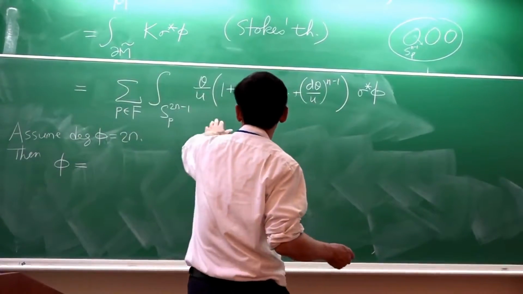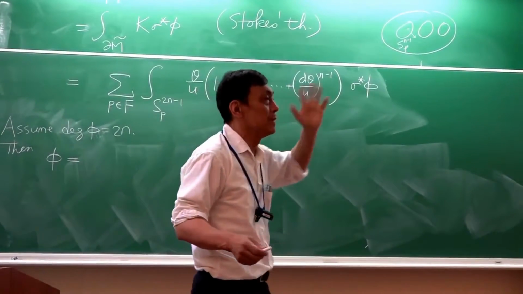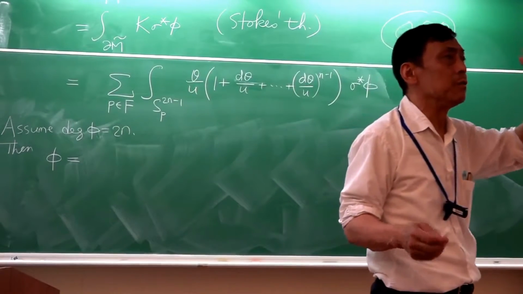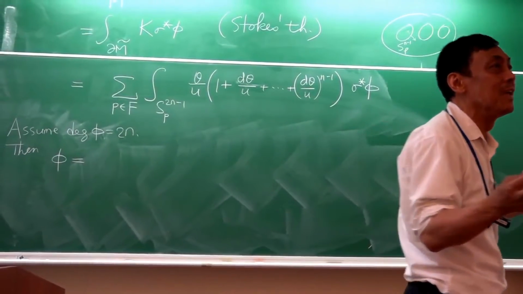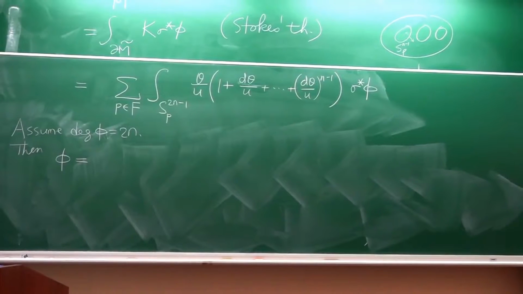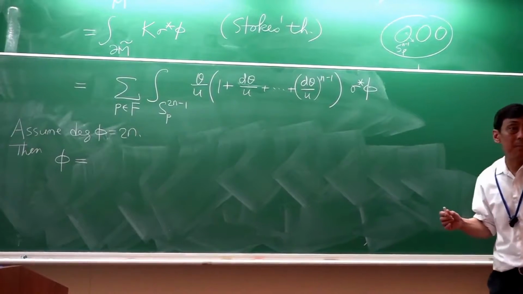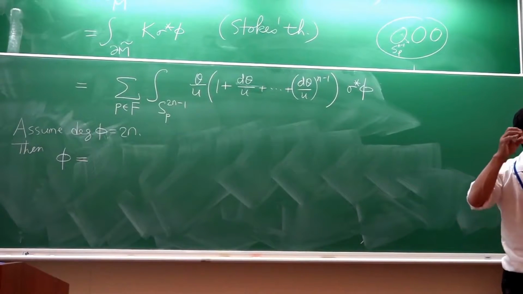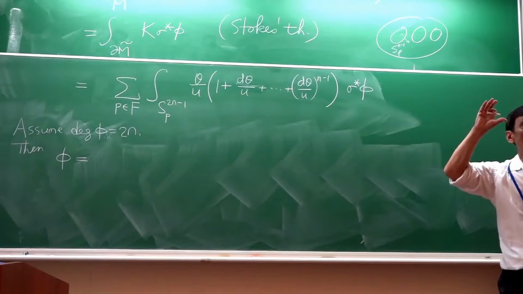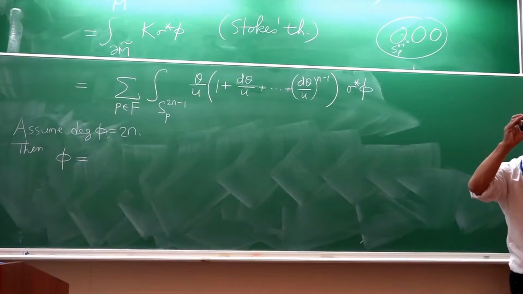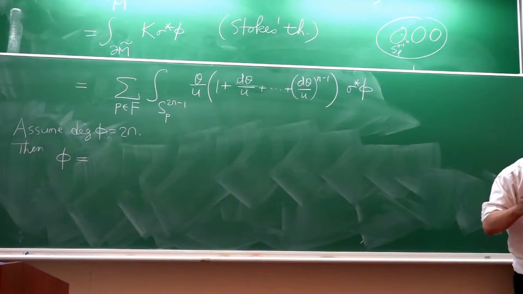Oh, right, there's a u there. Basically, when you integrate, you don't do anything to the u. Whenever you have a map on an algebra, there's an induced map on the localization.